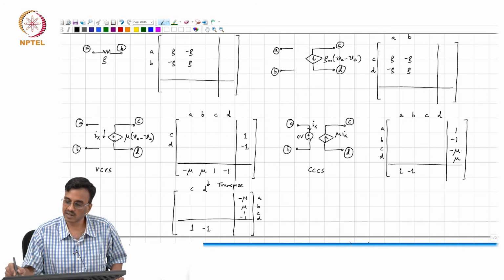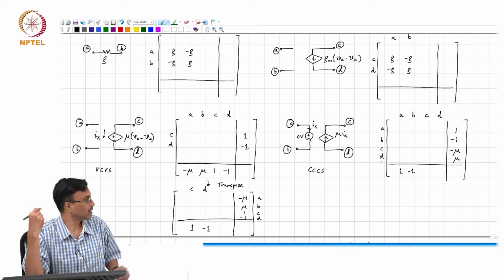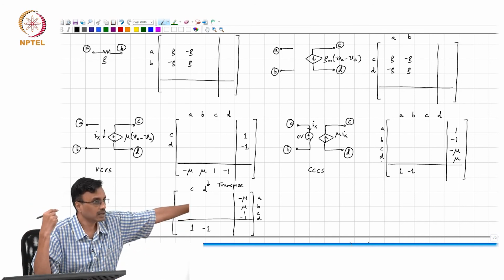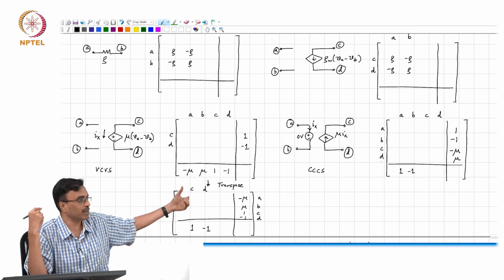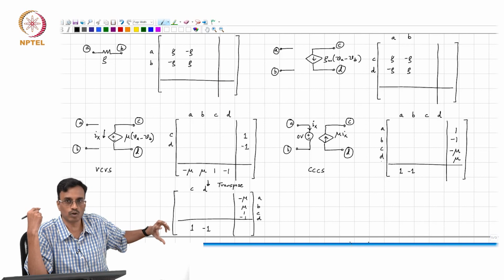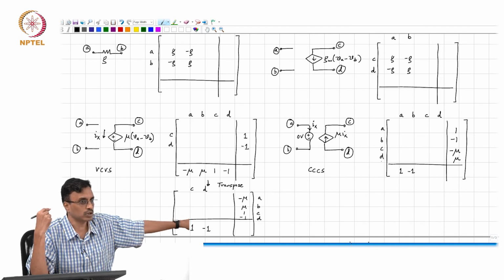That looks suspiciously similar to the current controlled current source, but there is a small twist. Is this the same as that? It is not. If you take the transpose of the MNA stamp of the voltage controlled voltage source, you get something which seems like a current controlled current source, but it is not.